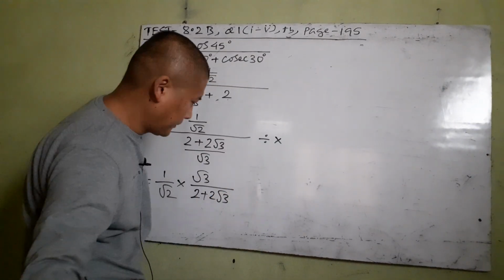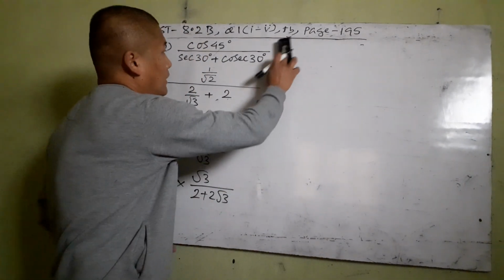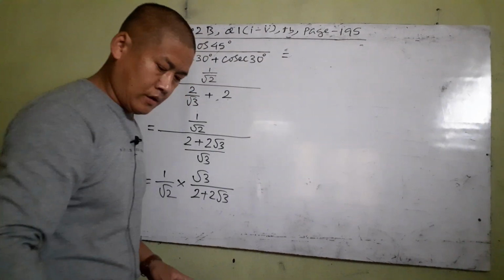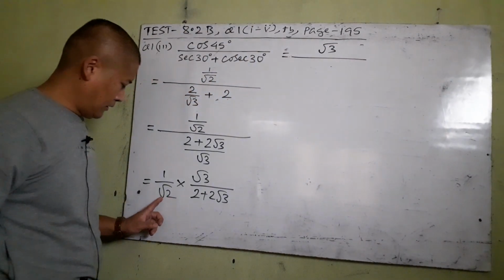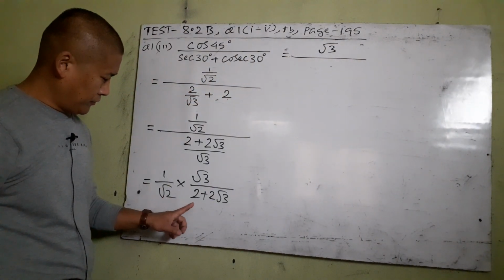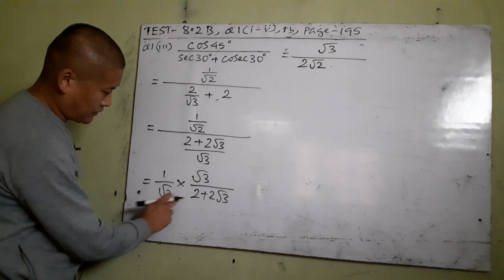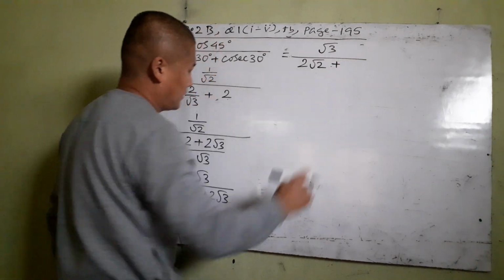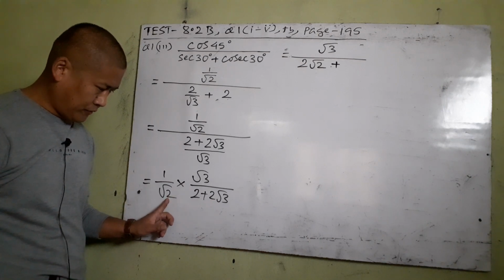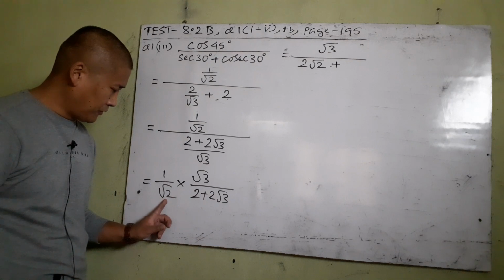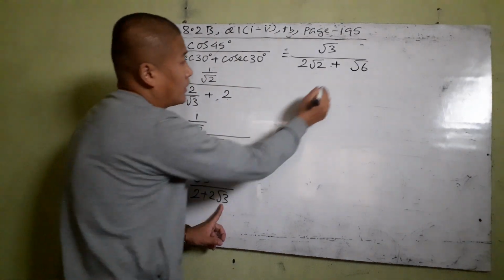And next here, that will be equal to, okay, next here, 1 into root 3 is root 3, long line, and then this root 2, let's multiply, root 2 into 2 is 2 root 2, then multiply this to the next one, plus into plus, plus, then root 2 into 2 root 3, root 2 into root 3 is root 6, and we put this 2 just in front.